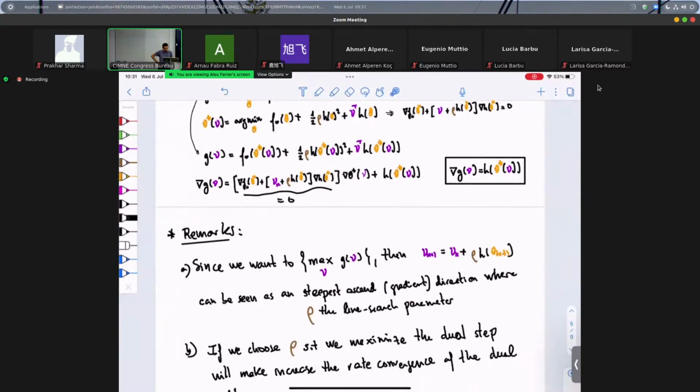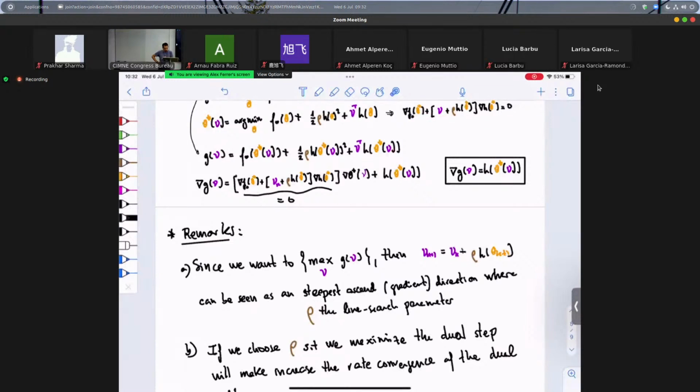You see? Why? Because the derivative of g we have seen is the h. So here you don't have any more theta. Theta depends on nu. So nu k plus 1 is equal to nu k plus, because you want to maximize, rho times h of theta of nu, of course, of this solution.